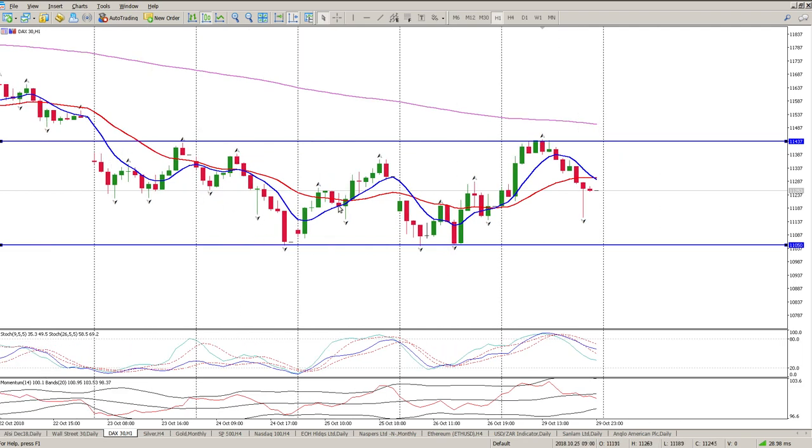So treat this as a range, and if we do break above it, then you've got some clear targets. You've got the gap here, you've got the 200 EMA as well. Okay, so that's kind of my take on this at the moment. I hope it helps, but I think it's probably wise to just treat this as a day trade at the moment until we break through this range and form a decent base.